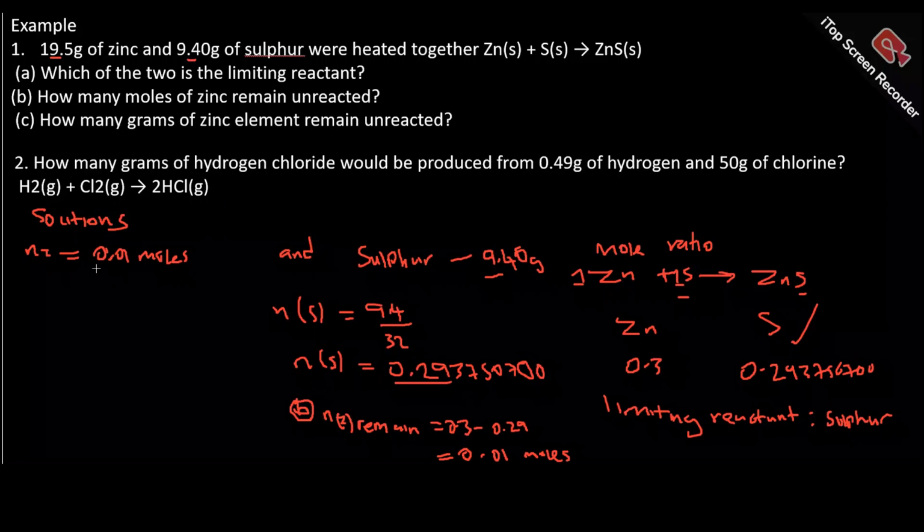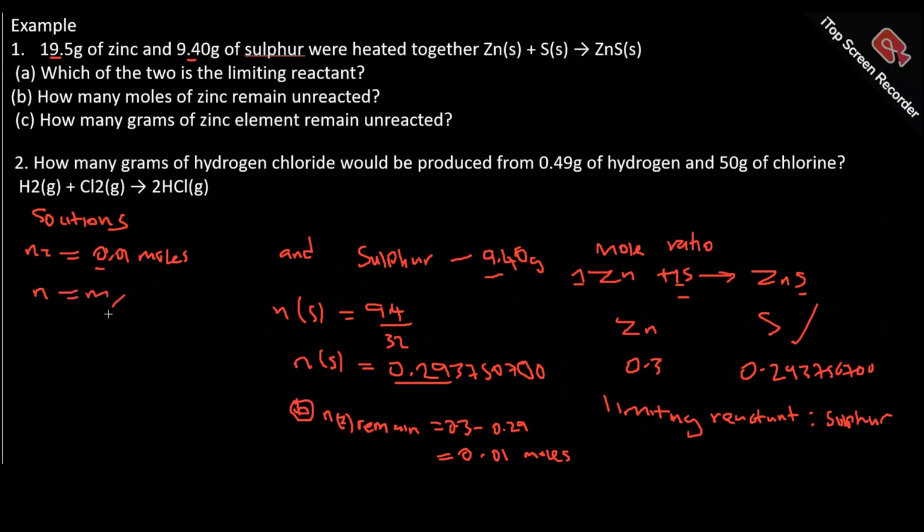So what we're going to use is this guy. So it's going to be number of moles again is equal to mass over molar mass. So you are finding the mass, making it the subject, that is number of moles multiplied by the molar mass. So substituting 0.01 times the molar mass. What are you going to get? Let's see. What is the molar mass of zinc? It is 65.